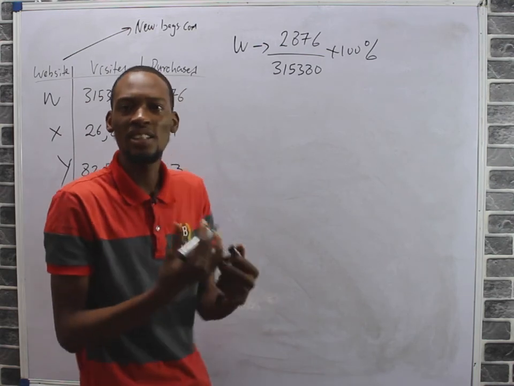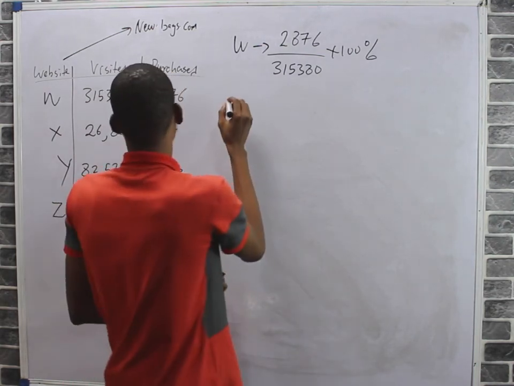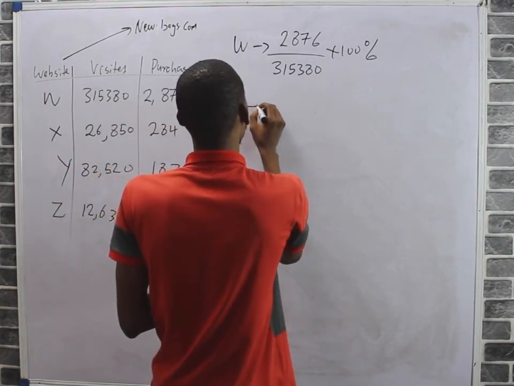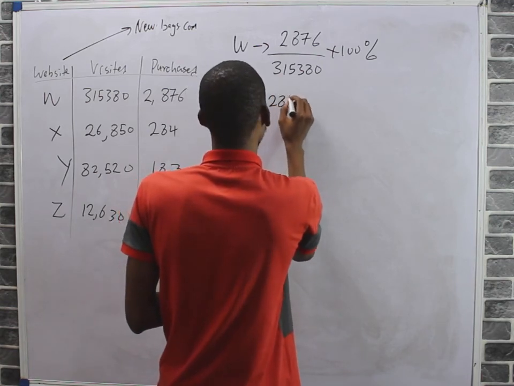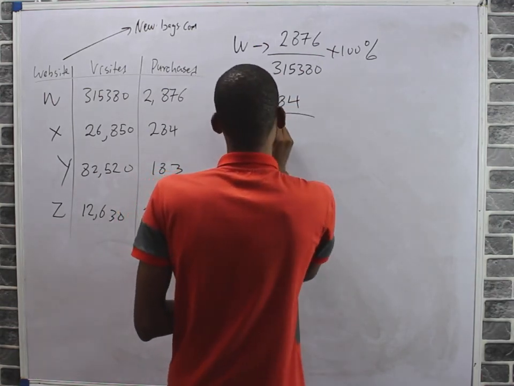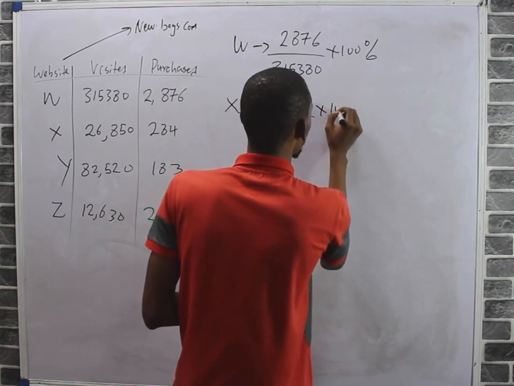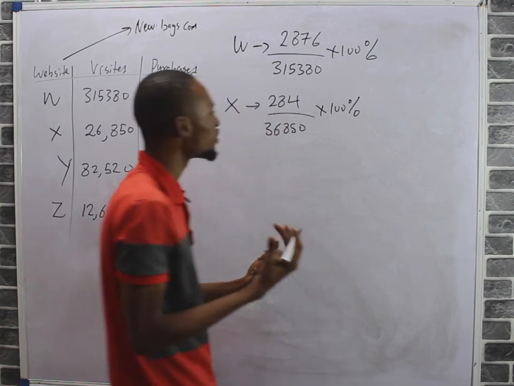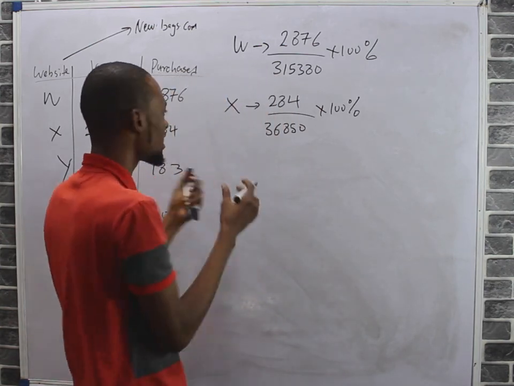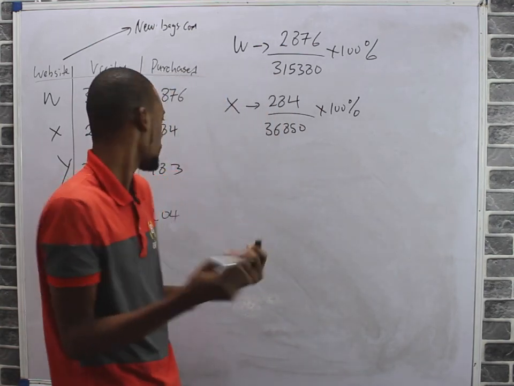This is how you calculate percentage. And from website S, the percentage of those who bought is 284, those who actually bought, over the total number times 100%. That's the percentage of those visiting from website S who made a purchase.